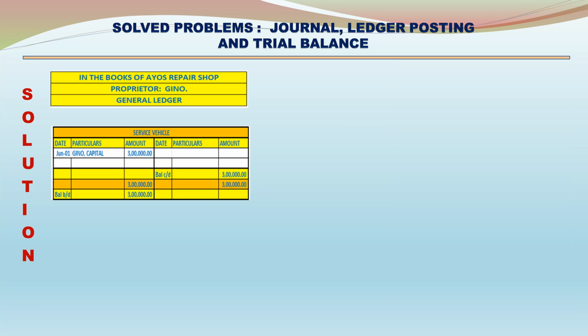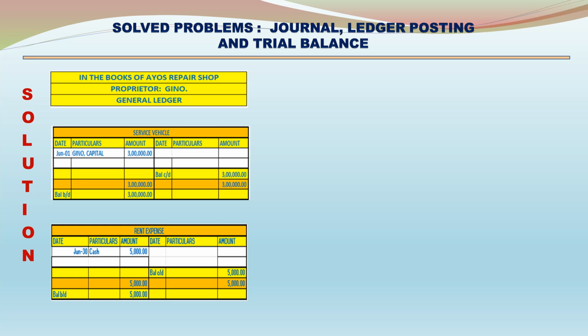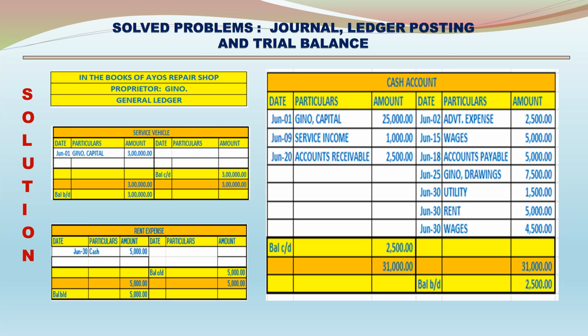Service Vehicle: June 1 Gino Capital 300,000. Balance brought down 300,000 debit. Rent Expense, on the debit side: June 30 Cash 5,000. Balance brought down 5,000 debit. Cash account, on the debit side: Gino Capital 25,000, June 9 Service Income 1,000, June 20 Accounts Receivable 2,500.